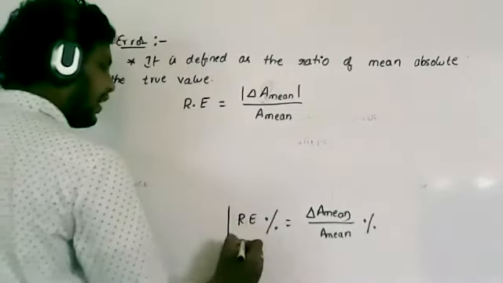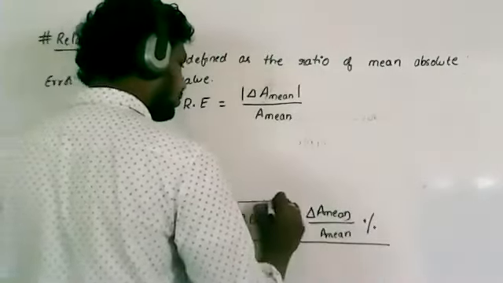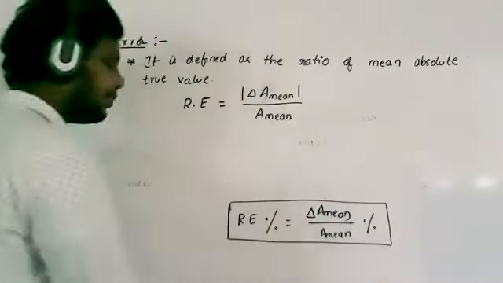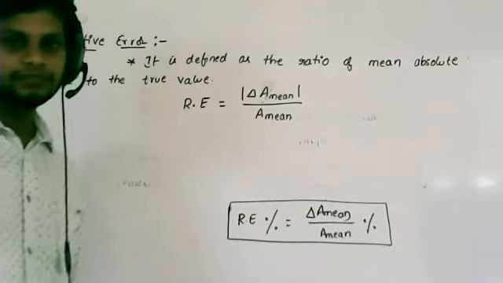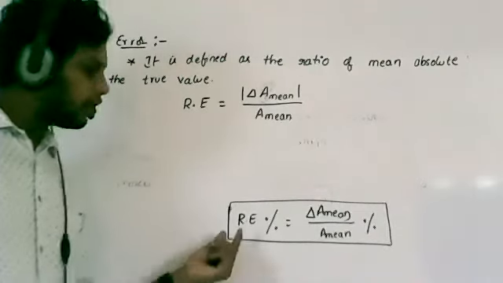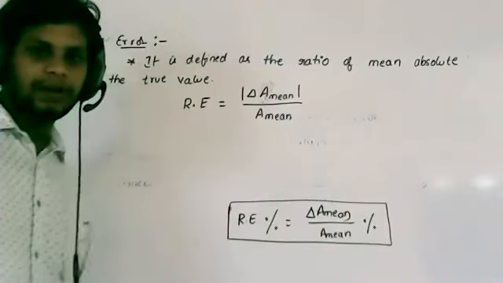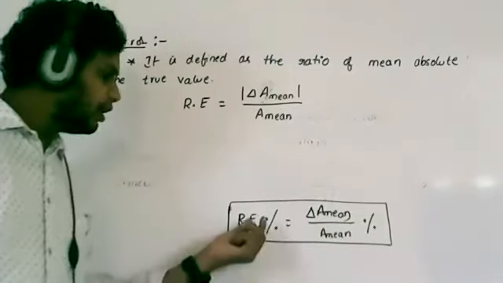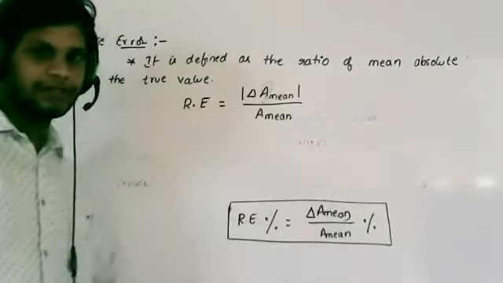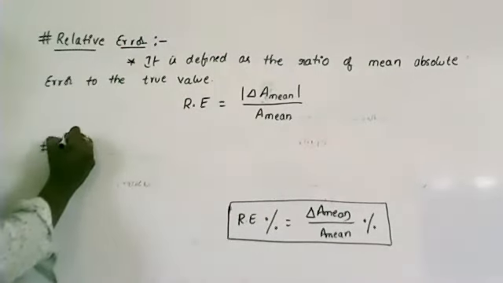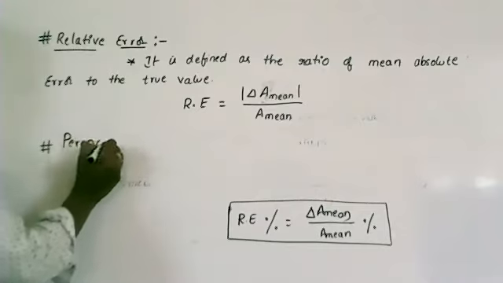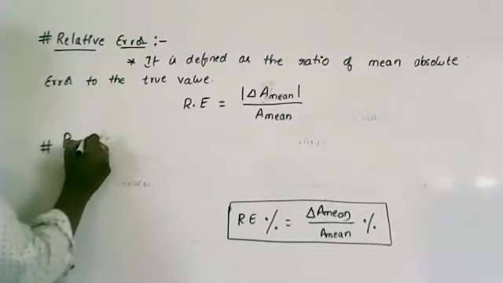This is taken as relative error percentage. Now, if you multiply the relative error with 100% or with percentage, that is called as percentage error.